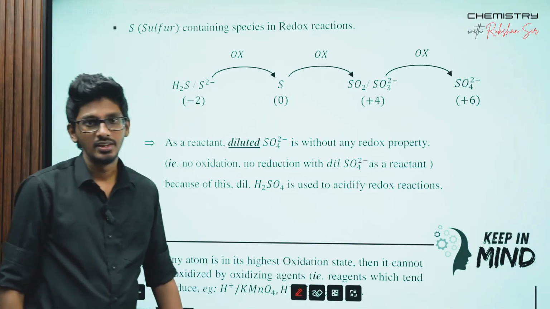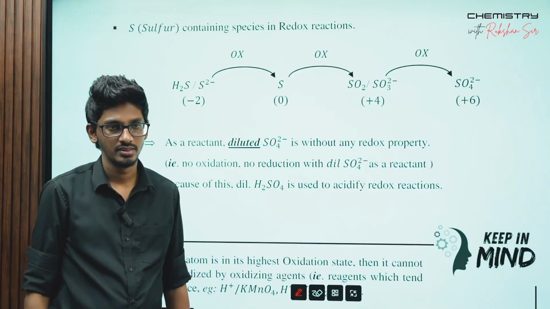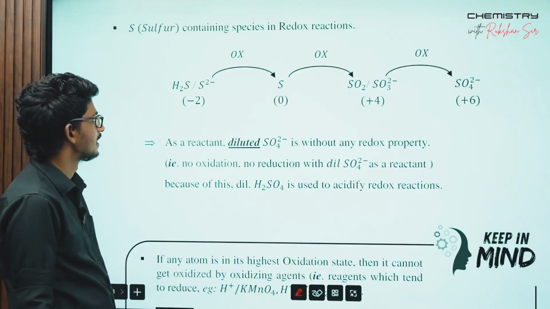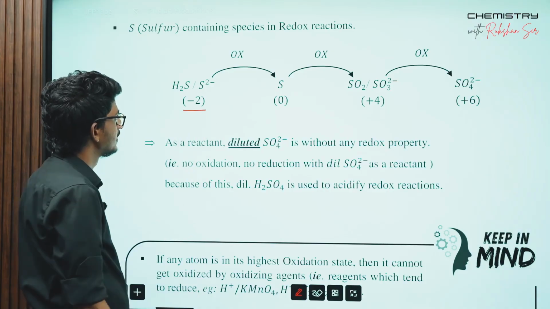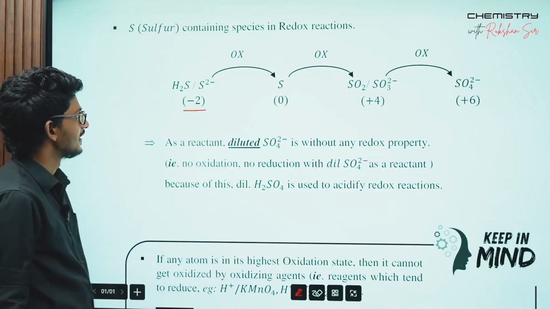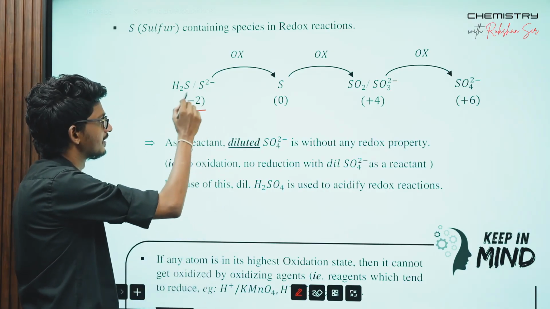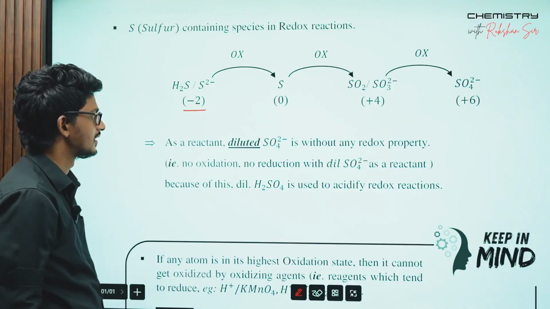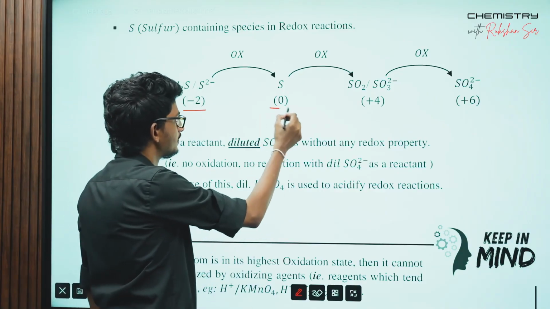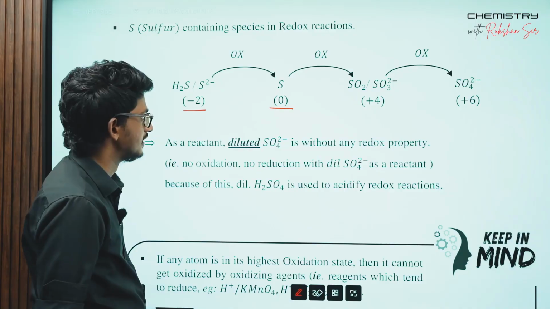As examples, for the -2 oxidation state, H2S and S2- can be considered. For 0, sulfur itself is the example.